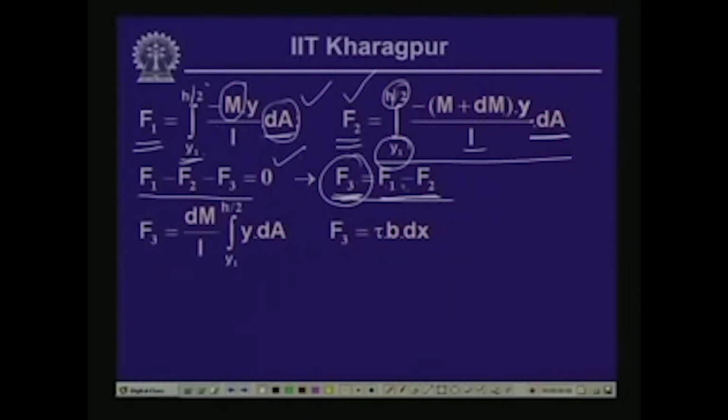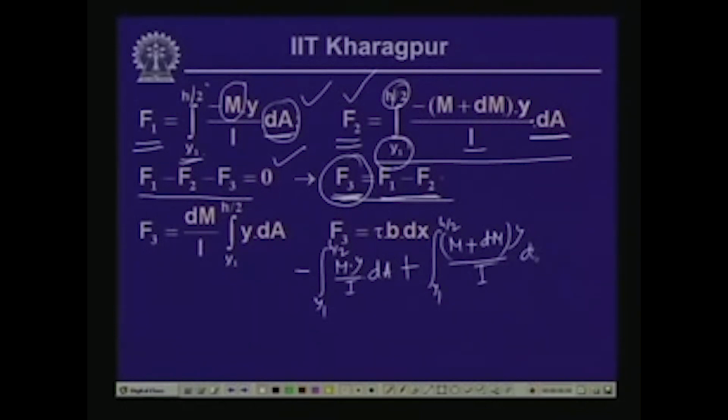So if we substitute for F1 and F2, F1 is minus the integral from y1 to h by 2 of M y by I times dA, minus and minus gives plus, the integral from y1 to h by 2 of (M plus dM) y by I dA, and this is equal to F3.